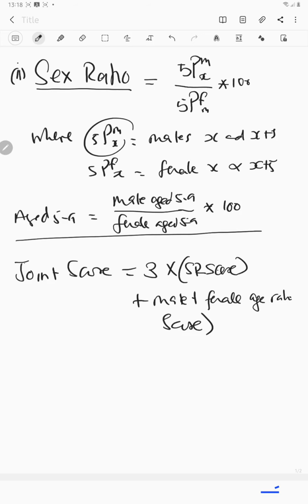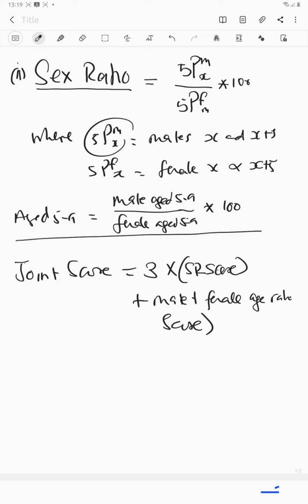This is the value that you have, and when you calculate, you get the score, and that score you compare by percentages. There is a score range which you can use to interpret the values.